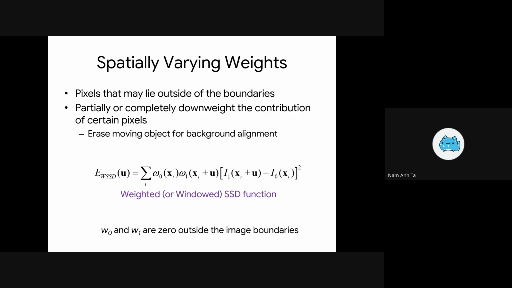So we will apply the weights w0 and w1 right here, to each pixel. If a pixel moves outside the image frame or belongs to some noisy region, we can set its weight to 0, so it doesn't corrupt or affect our results.